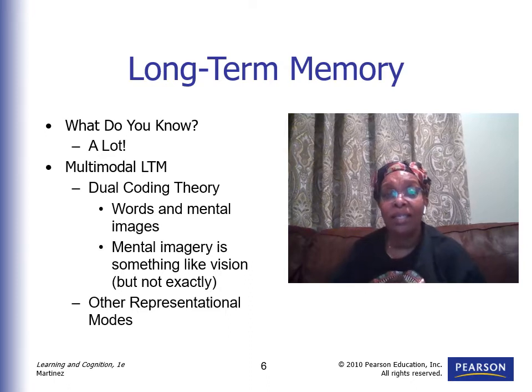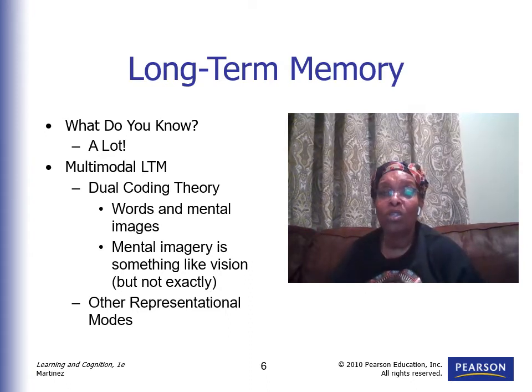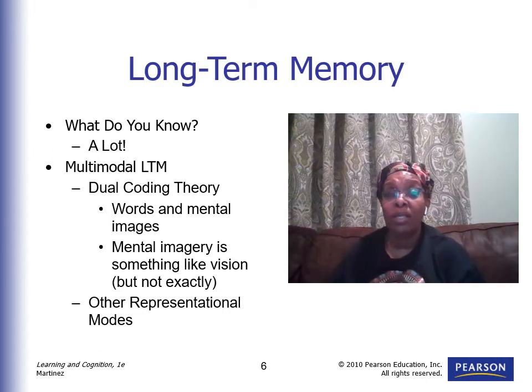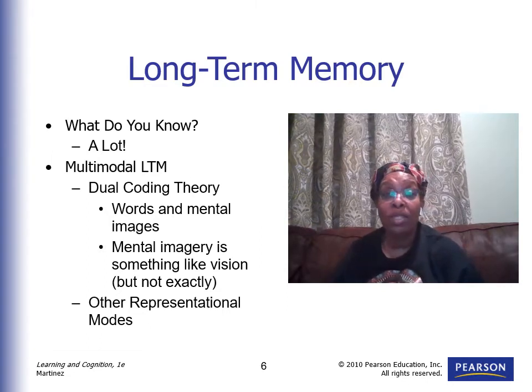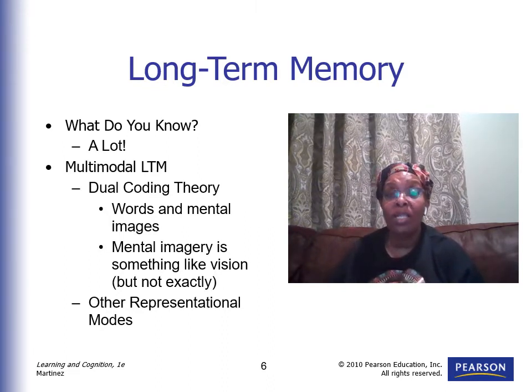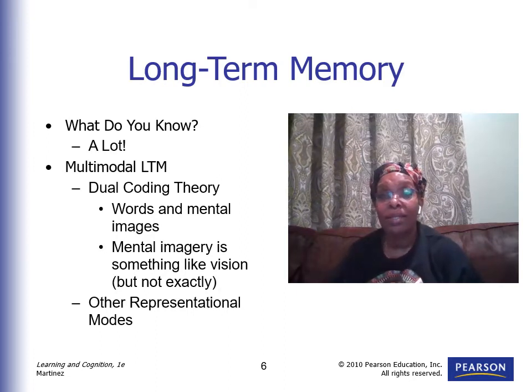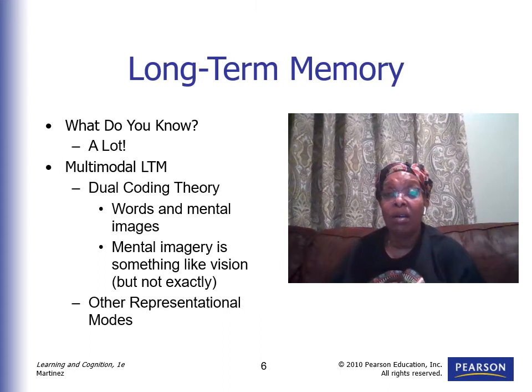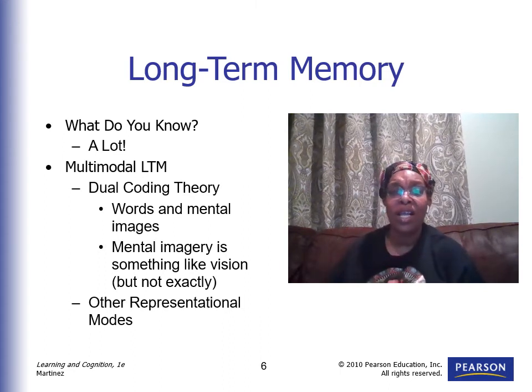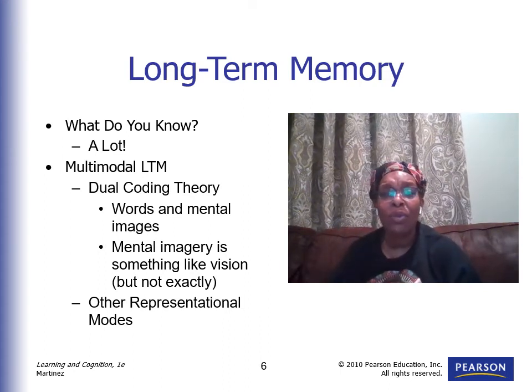Paivio in '86 proposed what we call dual coding theory. This theory recognizes language as well as mental imagery as two dominant forms of our knowledge base, which we use in the mind. It gives equal weight to verbal as well as nonverbal processing. He stated human cognition is unique in that it becomes specialized for dealing simultaneously with language and nonverbal objects and events.